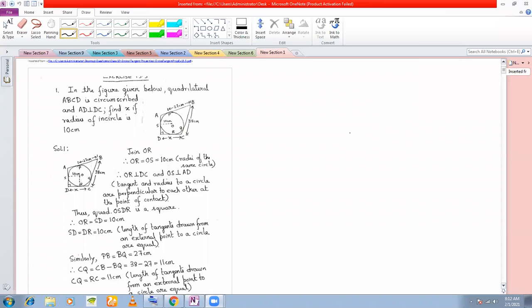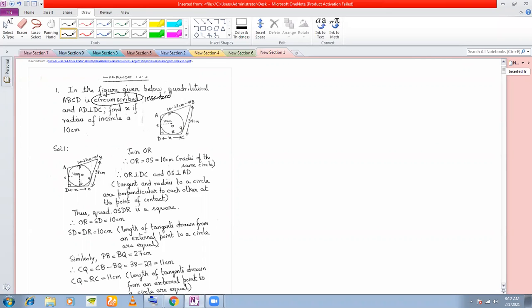The first exercise problem here is this one. In this figure, you have a quadrilateral in which you have a circle inscribed. Okay, in fact, this should not be circumscribed, this should be inscribed. The word is wrong here. Okay, the diagram is correct, but the word is wrong.